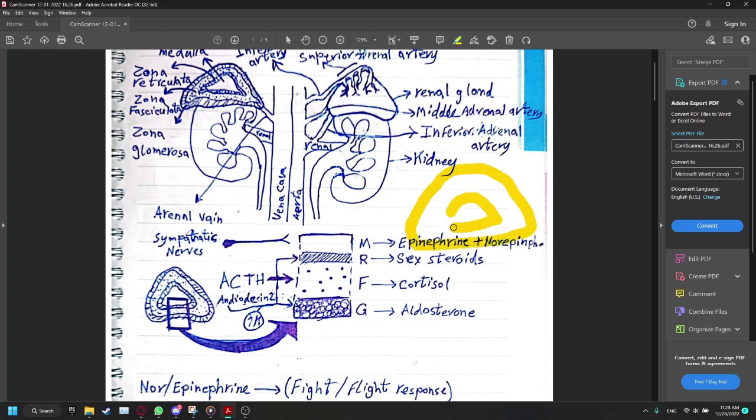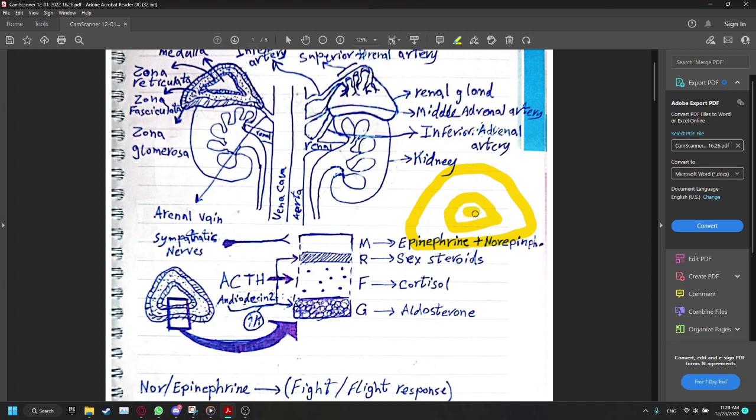We have a cortex, and we have a medulla. If you remember the renal system, the word medulla, like the medullas of the kidneys, it's basically the same thing, but here it's in the adrenal gland. There is also a cortex in the kidney as well.